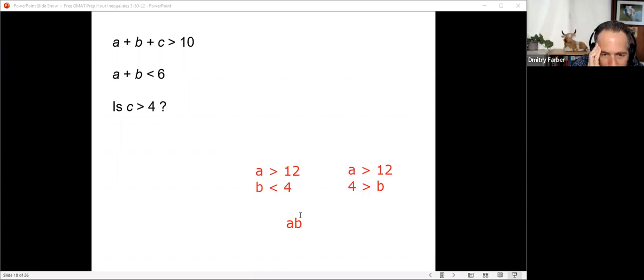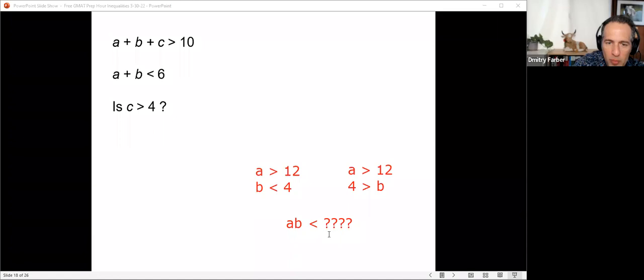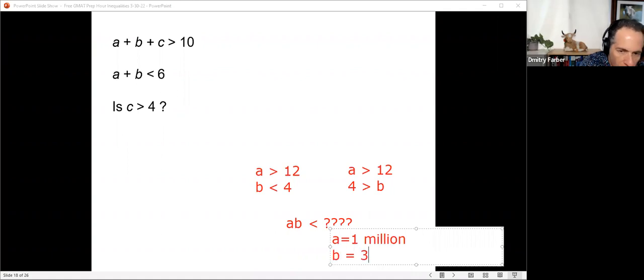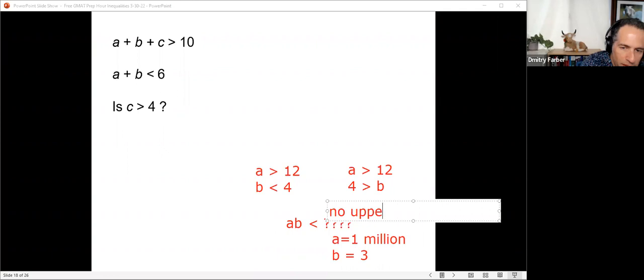I know B is less than 4. Do I have an upper limit for AB? It seems like I don't, because let's say, what if A could be 1 million and B is 3? And then if it could be 1 million, why can't it be 2 million, right? So there's no upper limit.